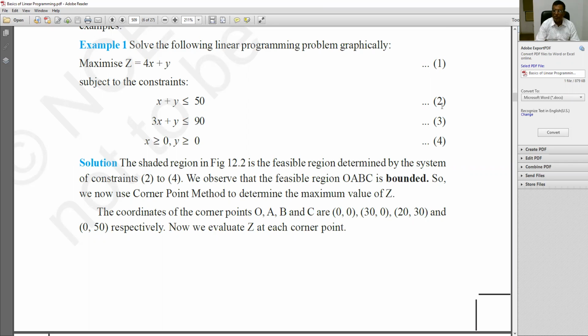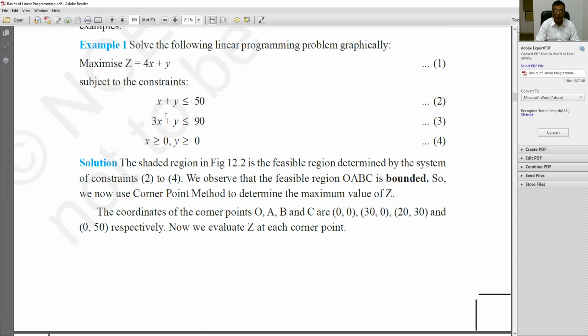Take it as equation 2. 3x plus y less than or equal to 90. Equation 3. And the last and important fact of this numerical is x is greater than or equal to 0, y is greater than or equal to 0. This is equation 4.